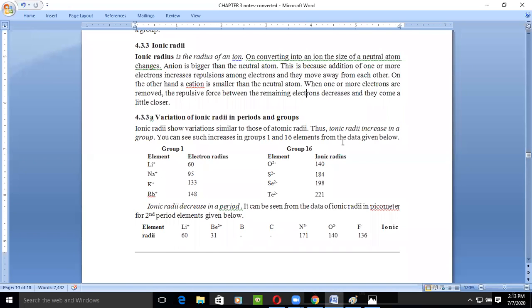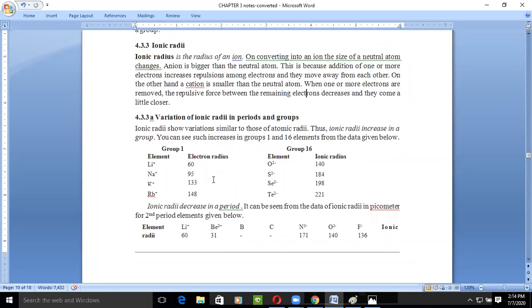When we go down the group, the ionic radii shows properties similar to the atomic radii. So ionic radii increases in the group. Obviously, why is there a difference?